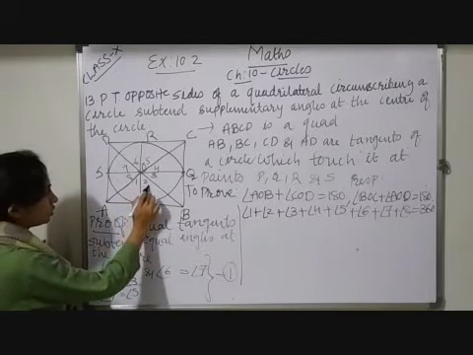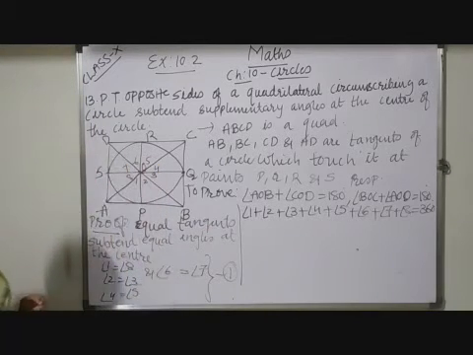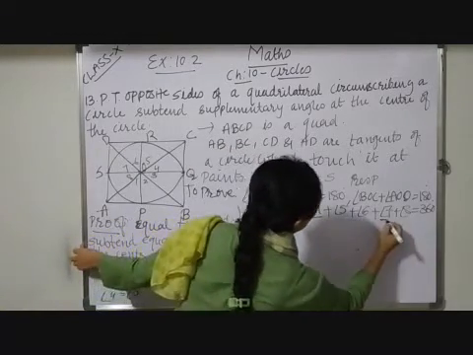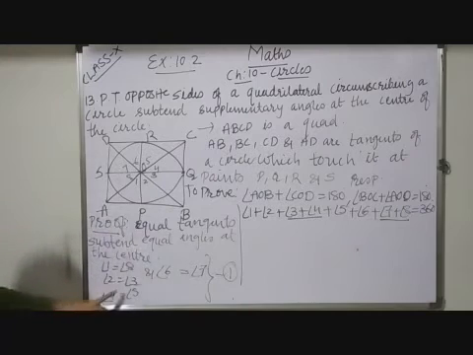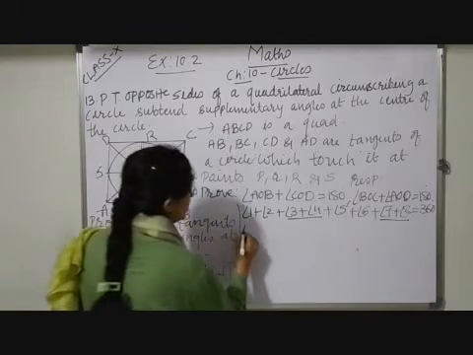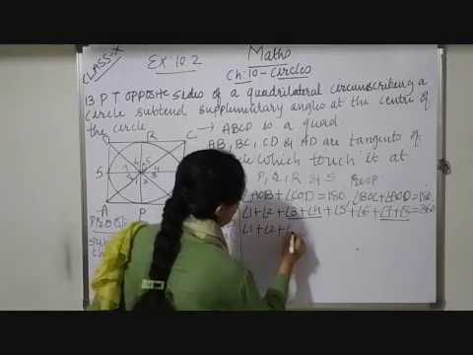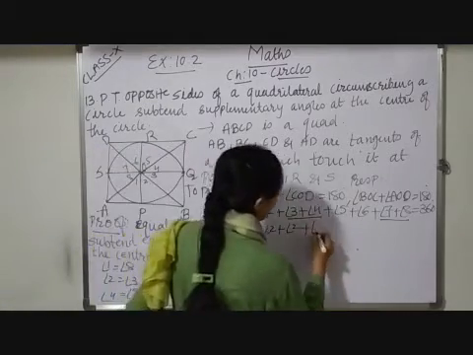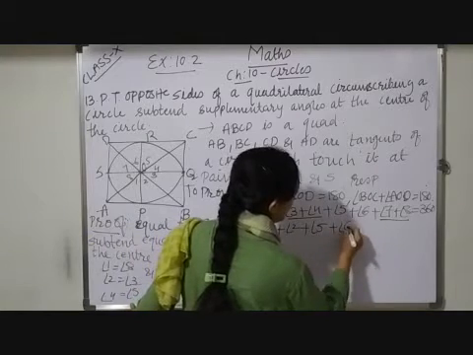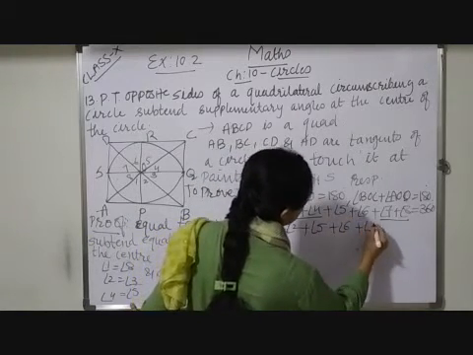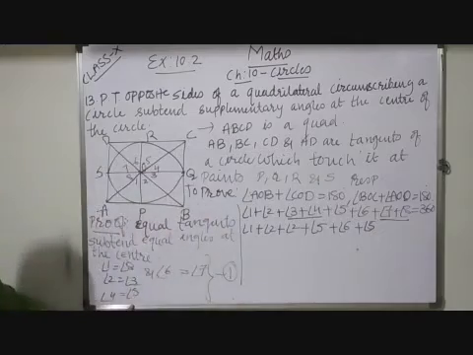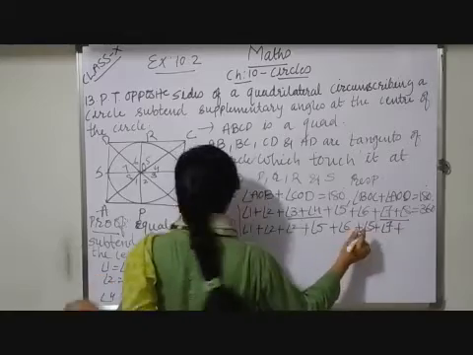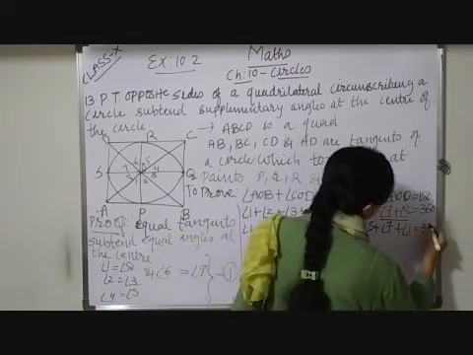AOB means 1 plus 2, and COD means 5 plus 6, I want. So I want to remove these other angles. In place of angle 3 I can write angle 2, so angle 1 plus angle 2 plus angle 2. In place of angle 4 I can write angle 5, and angle 5 plus angle 6 I will write as it is. In place of angle 7 I can write 6, and in place of angle 8 I can write angle 1, which is 360 degrees.